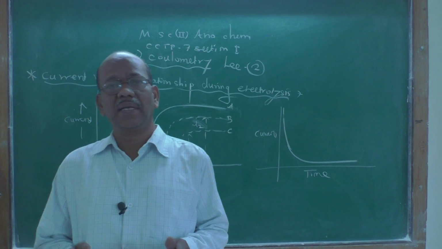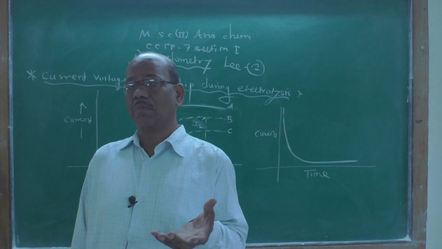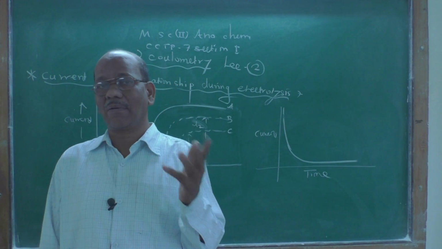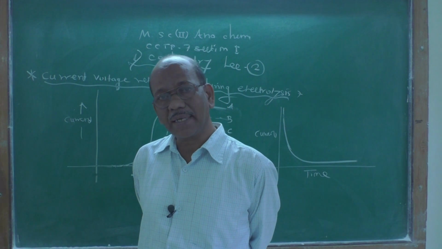I multiplied by T is nothing but coulomb. So we can calculate how much coulomb passes during electrolysis through the coulometer.